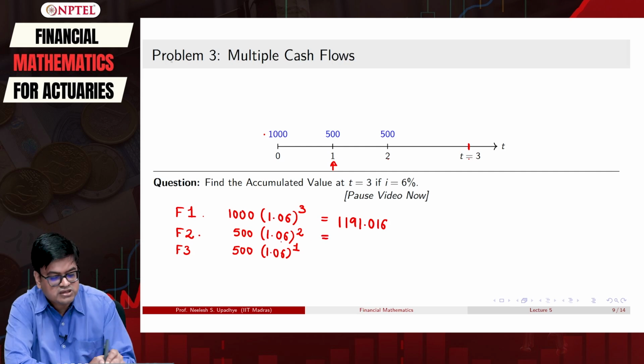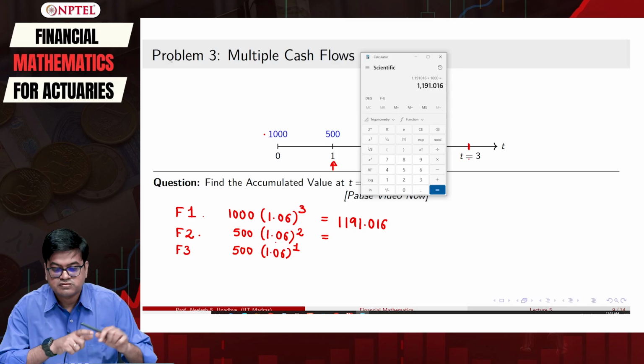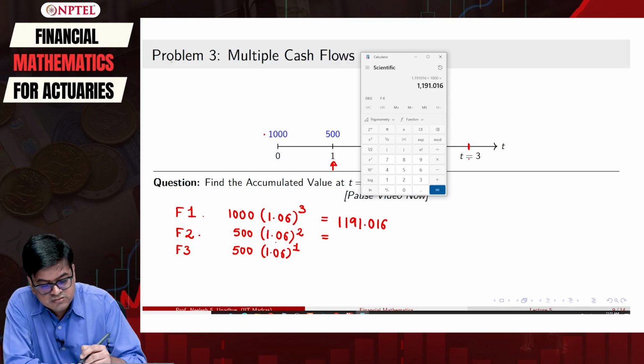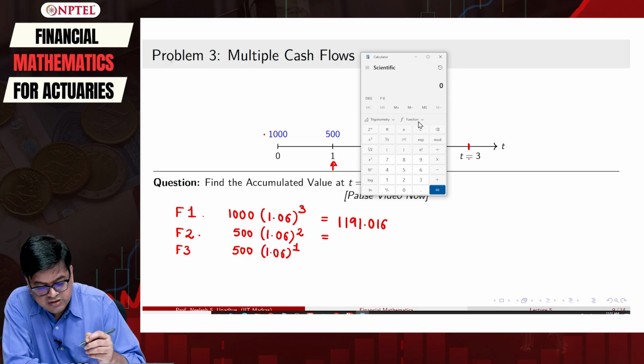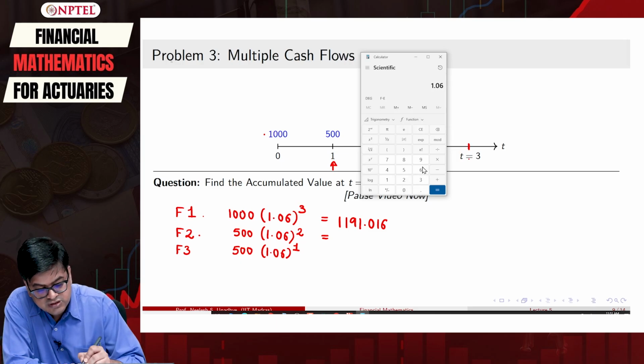Let us do a similar thing with this particular answer. So again I will clear it. 1.06 x raised to y. Here I can actually do x square, but it's okay. 1.26, and I will multiply this number with 500.